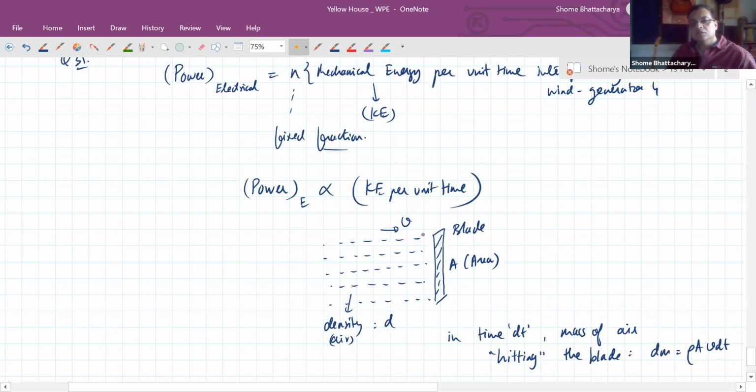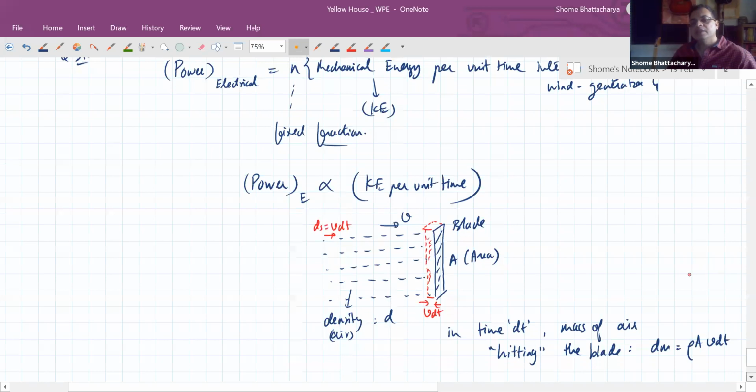Because see, a small section of air in front of this blade that goes and hits this blade in time dt will have a thickness of V dt, na? Because a small displacement in this direction is equal to V dt. So the volume of air that hits the blade will be area into thickness.